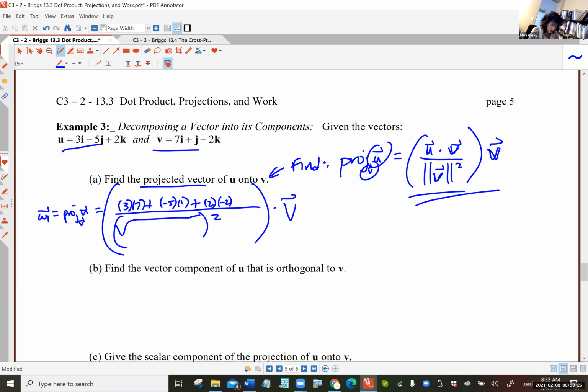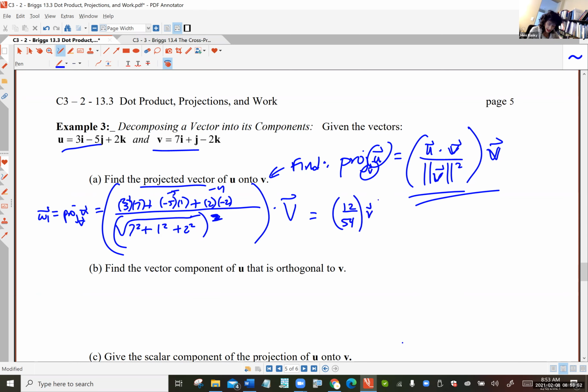So what is the magnitude of v? Square root of 7 squared plus 1 squared plus 2 squared. And then you're just going to square that so the radical will disappear. So this is looking like, I don't know, what's 21 minus 5 minus 4? Square root of 54? Yeah. And so the numerator will be 12. There's your dot product. Square root of 54 squared is going to be just 54.